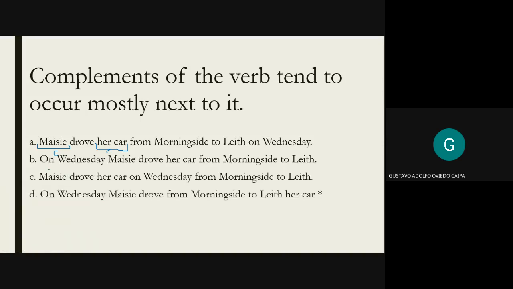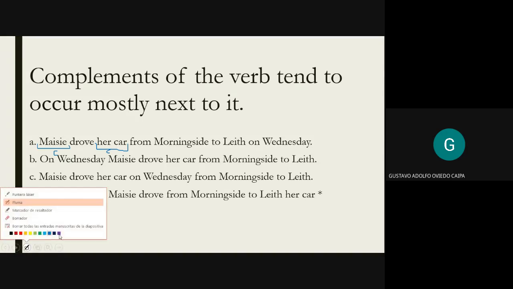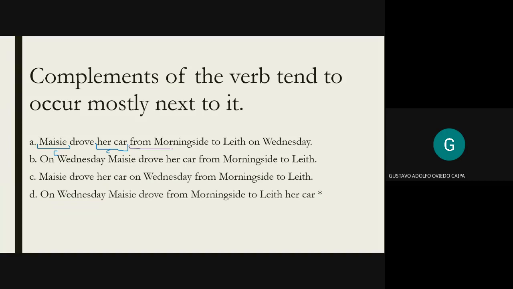So, as you can see from the other variations, for Morningside, this one will be an adjunct, and to Lee, it will be another adjunct, and on Wednesday that will be another adjunct, right?